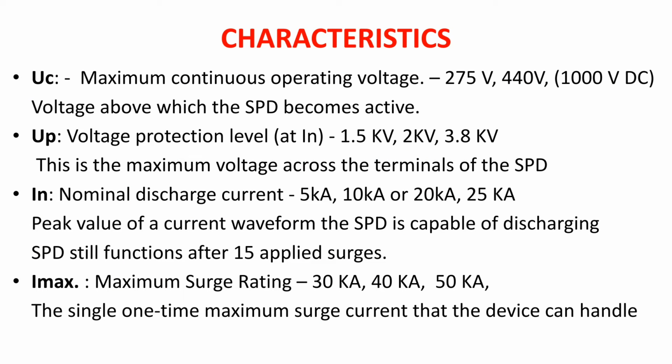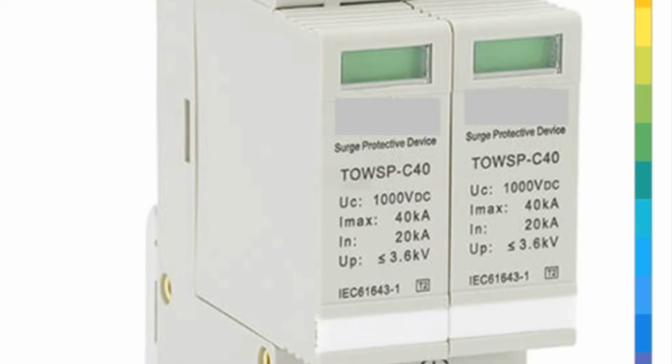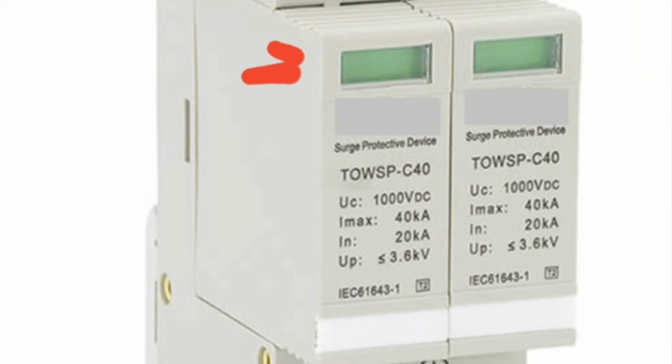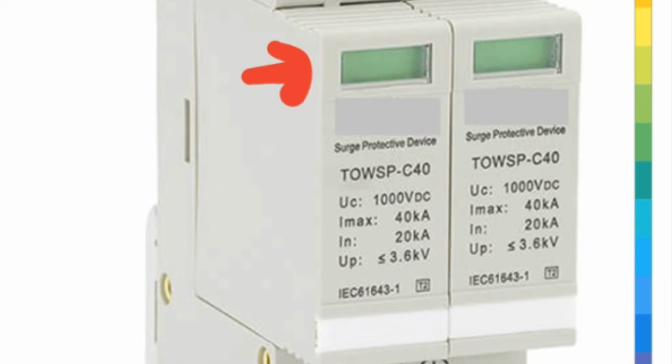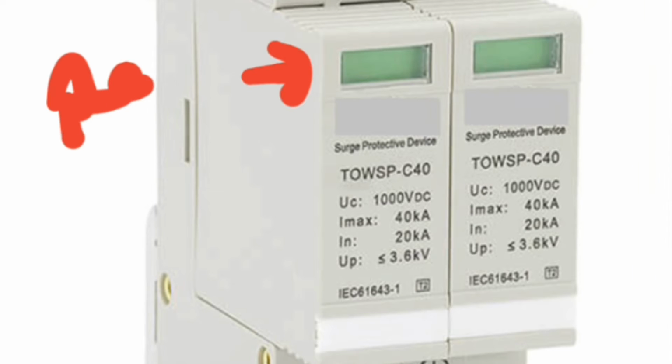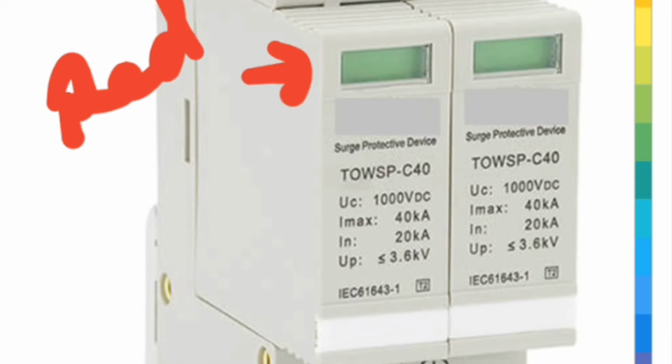Now friends, coming to the characteristics of SPD which are mentioned on every surge protection device. See, this is how our SPD looks like. This is a DC SPD. Here at the top, this is an indicator which will show whether your SPD is okay or not. This will turn red when your SPD completely burns out, and then you will have to change your SPD.